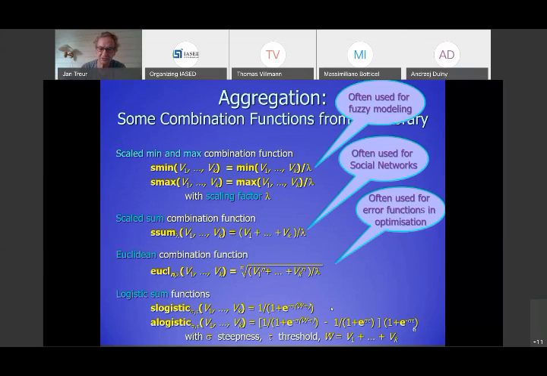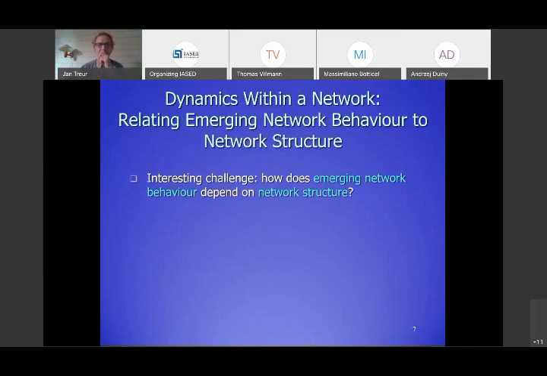And these functions are also very well known as being used for neural networks often, the logistic functions. So they all are in our library, and these are rather general purpose functions, but you can also have more specific purpose functions. Later on, I will show a function in the library that can be used for Hebbian learning, for example.